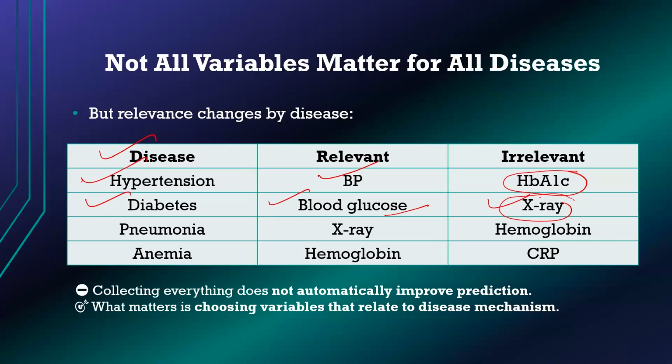And the same goes with the remaining diseases also. So collecting everything does not automatically improve prediction. Rather, we need to choose variables that are related to disease mechanism. There could be several details available from every patient history, but you have to pick the right ones so that your AI model can make adequate judgment.